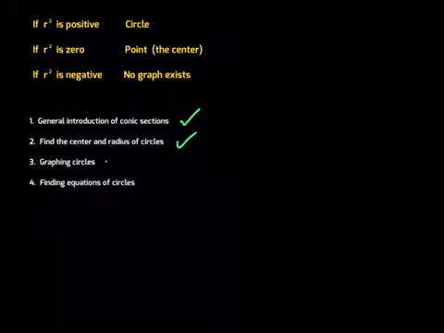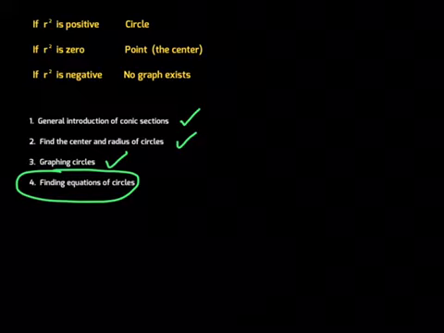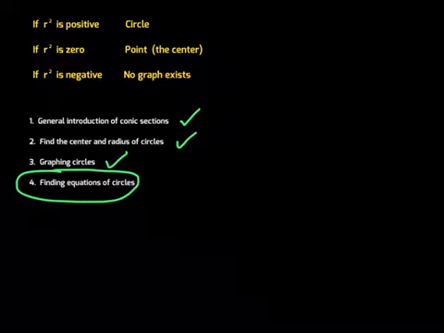We know how to graph a circle. And all that's left now is this 4th objective, which is finding equations of circles. They're going to give us very little information. You and I have to figure out how to take the given information and find the equation for the circle. So that's what the last few examples of this section are.